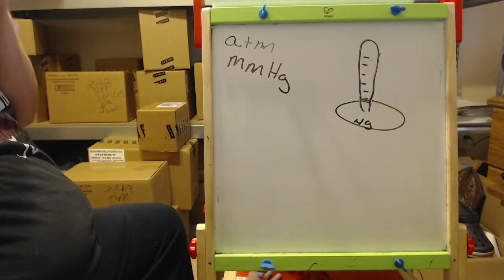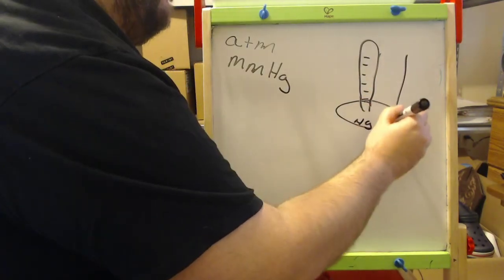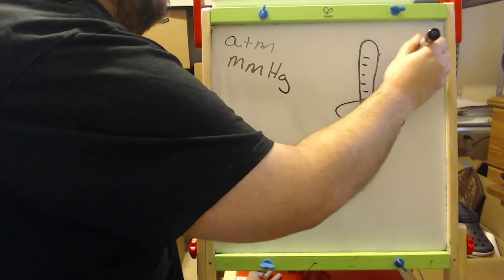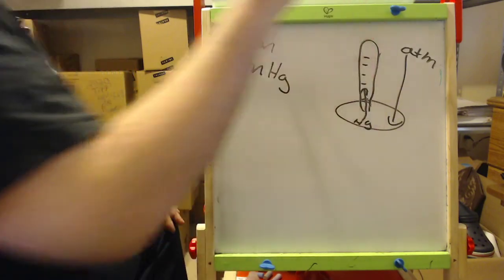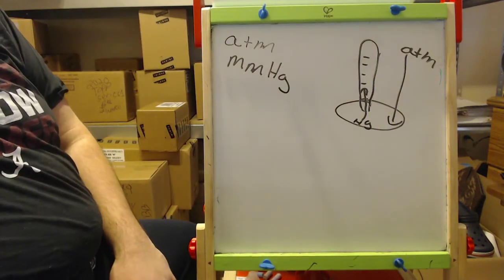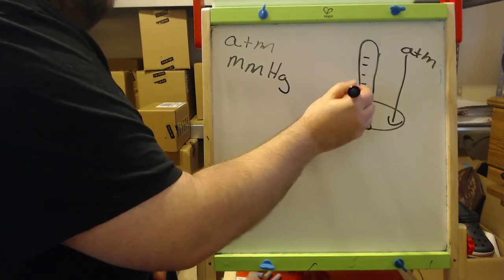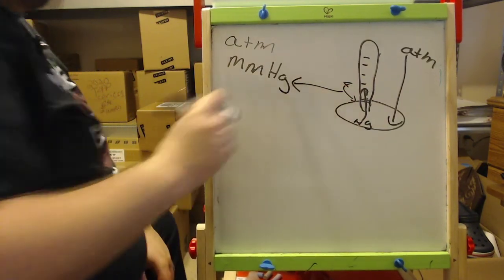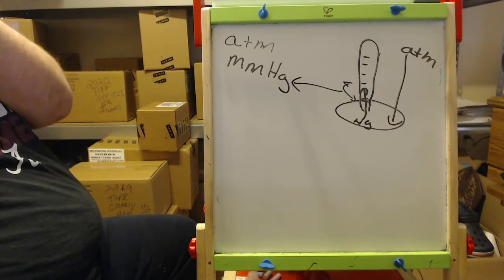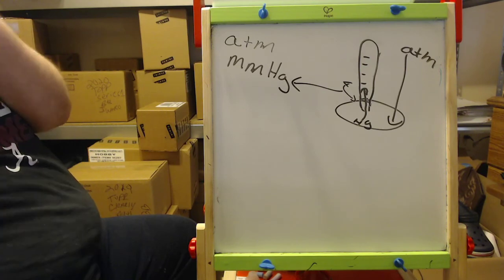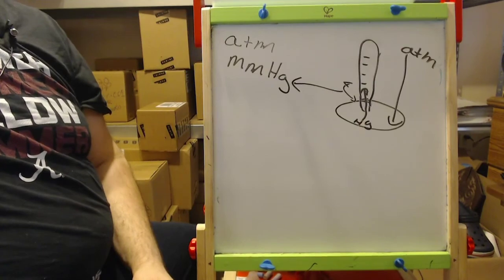And what happens is atmospheric pressure pushes down on the mercury tray and has the mercury move up the tube. The distance the mercury moves is the pressure. And that's why it's measured in millimeters of mercury.